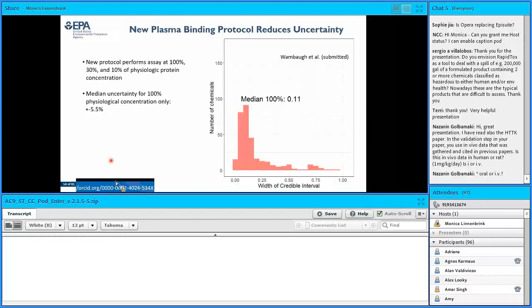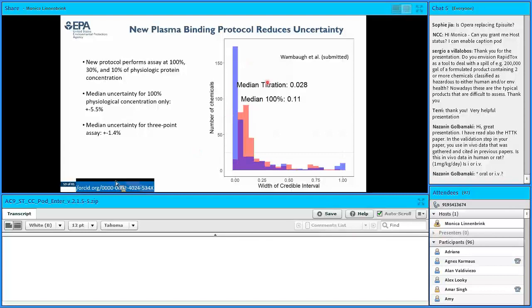Plus or minus 5% is kind of a big deal if your chemical is 99% bound, because then you're sitting there, well, wait, is it 94% bound, or is it all bound? I mean, you lose that sensitivity there. With this new protocol, we get that the uncertainty is now just plus or minus 1.5%. It's a lot more certain.